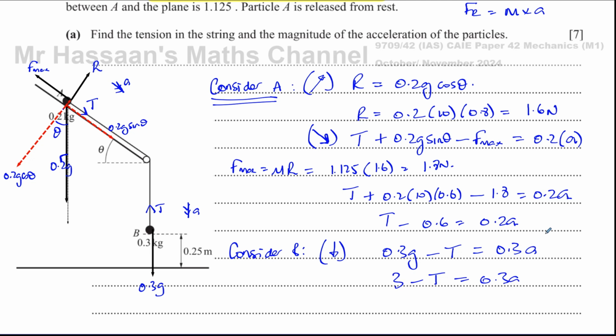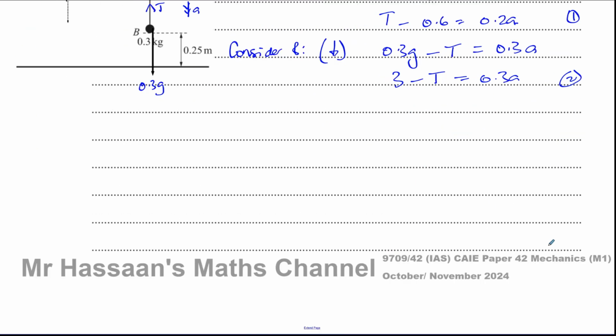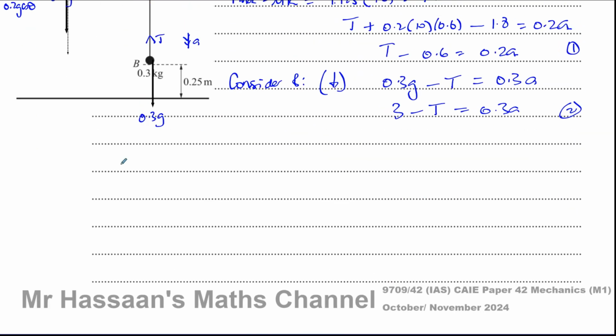So now we have two equations, which we can solve simultaneously, and thereby we can find the values of T and a. So we have T minus 0.6 equals 0.2a, and we have 3 minus T equals 0.3a. If we add these two equations together, the T's will disappear because they have different signs.